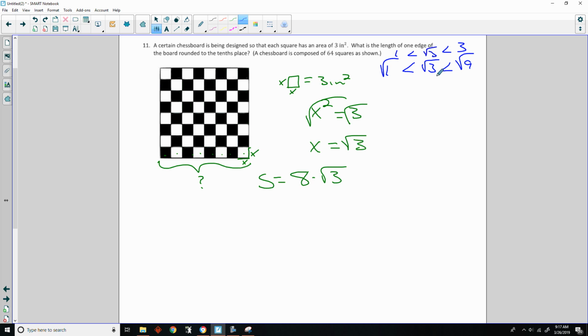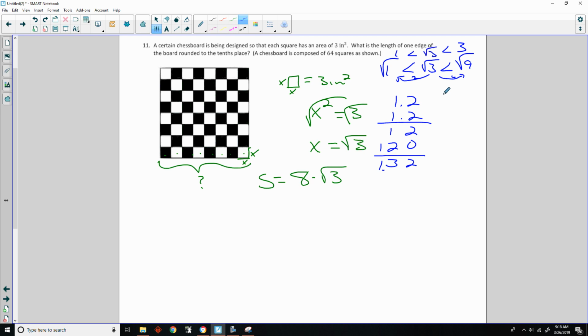Three is closer to 1 than it is to 9. The distance from here to here is 6. The distance from here to here would be 2. So I'm closer to 1. So I'm going to try 1.2 squared first. And that's 1.44.